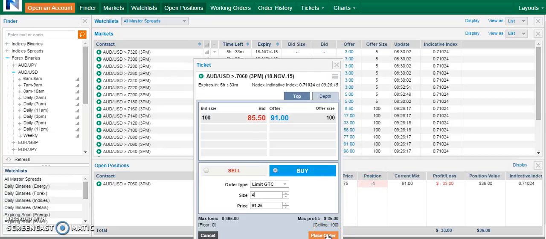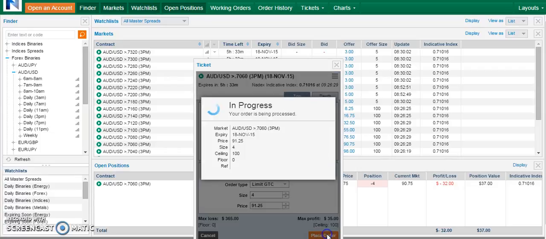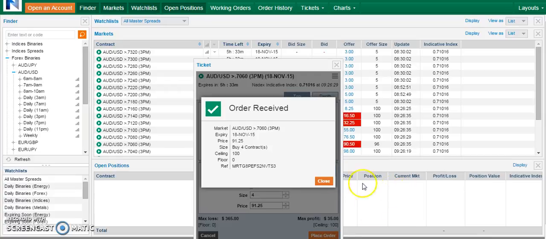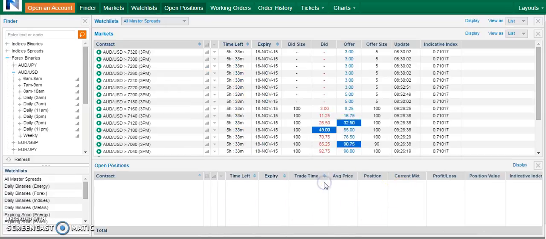This is called buying out of the trade. If you had put in a buy, you would be selling out of the trade. So we're going to buy to get out of this trade. Boom. And you'll see, it disappeared. That trade no longer exists.